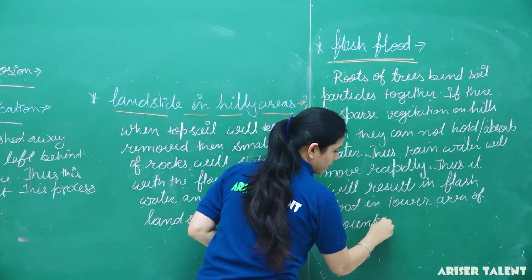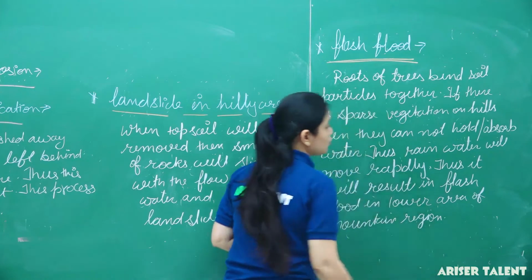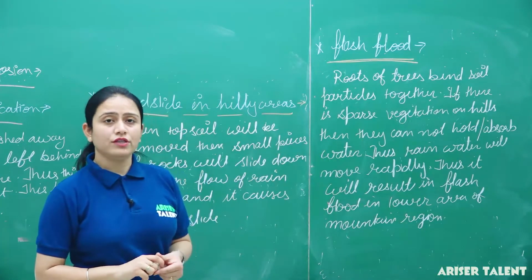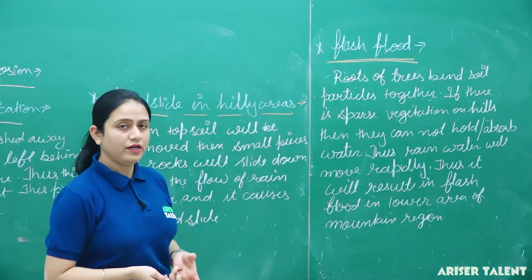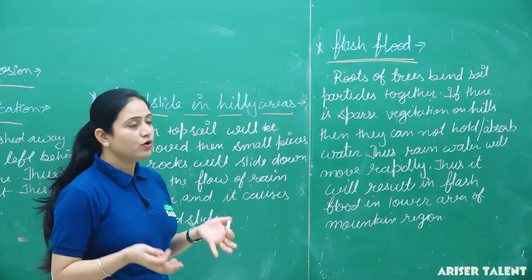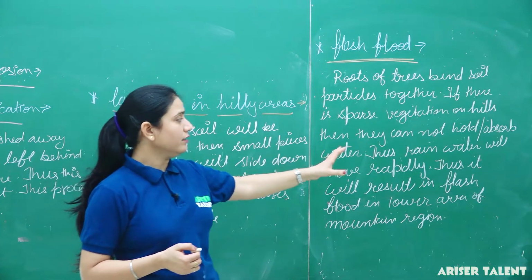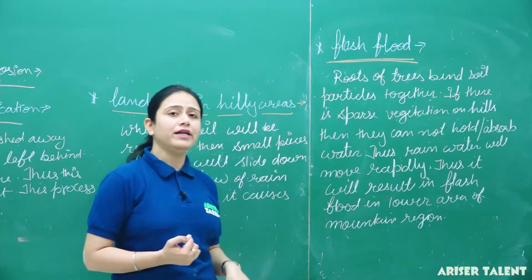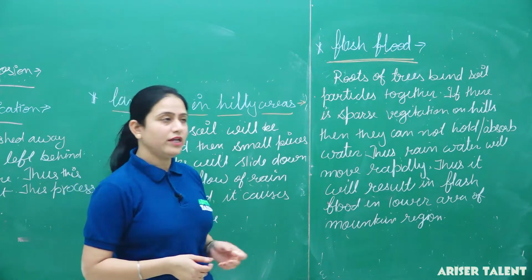If there is good vegetation on the hills, the roots of trees will absorb the rainwater, but if there is sparse vegetation, they cannot hold much water. Then the rainwater will move very rapidly and can cause flash floods in the lower areas of the mountain region.